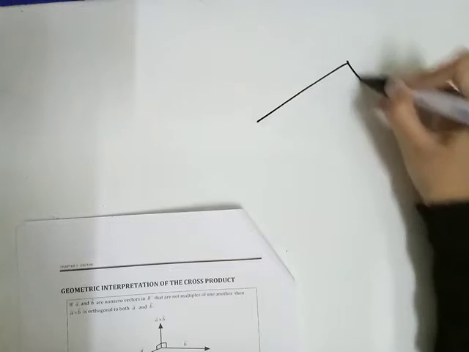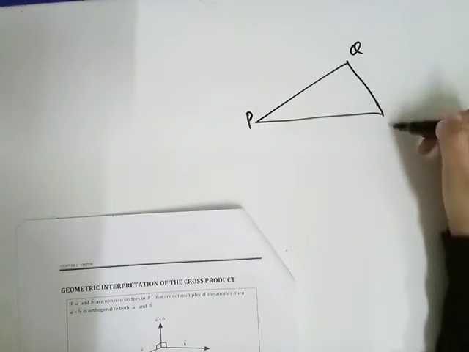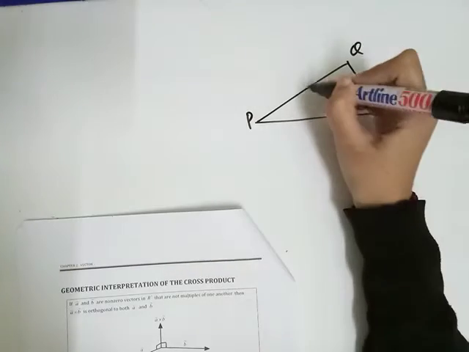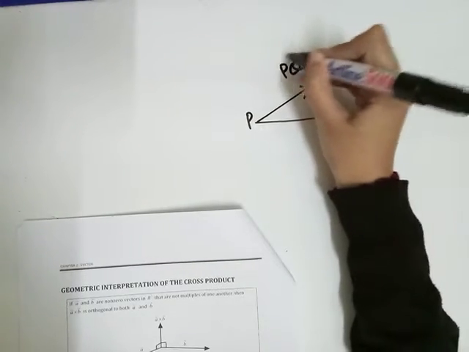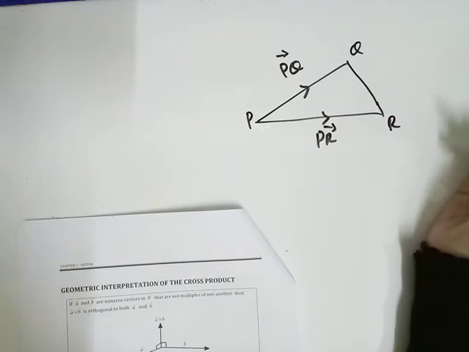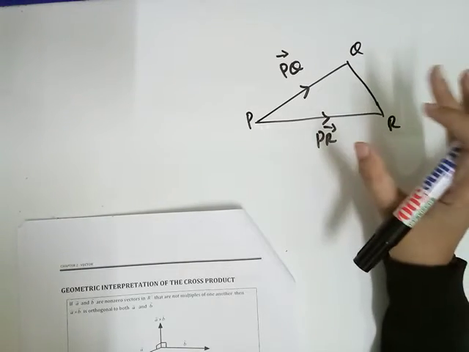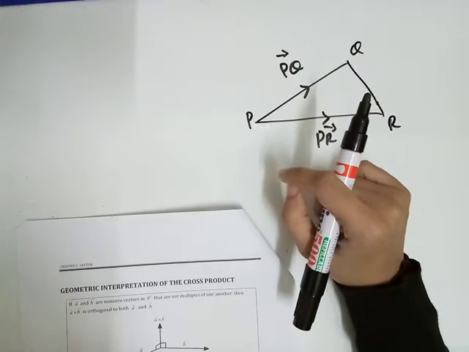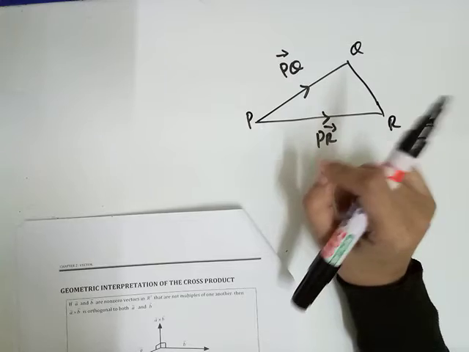Let's say we want to find the vector PQ, and then PR. First find the vectors, because what is given is only points. In the question it only gives points. So we have to find the vector.